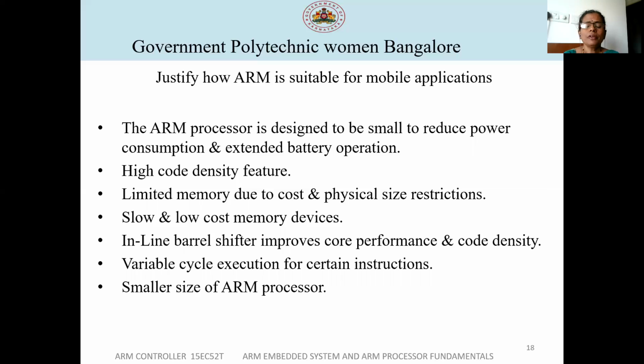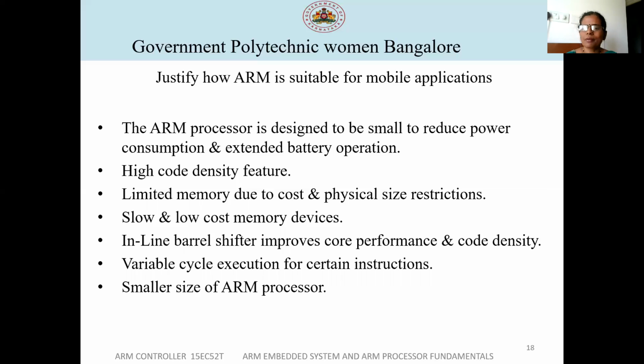Now I'll justify how the ARM is suitable for mobile applications. The ARM processor is designed to be small. The design is very small. Because of this small design, it reduces the power consumption. Because of the low power consumption, it extends the battery operation.